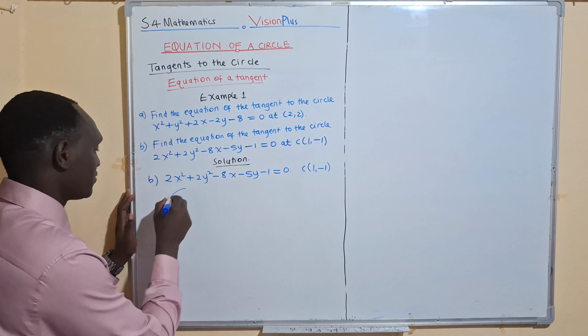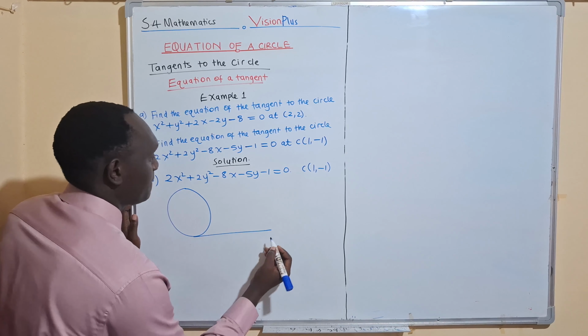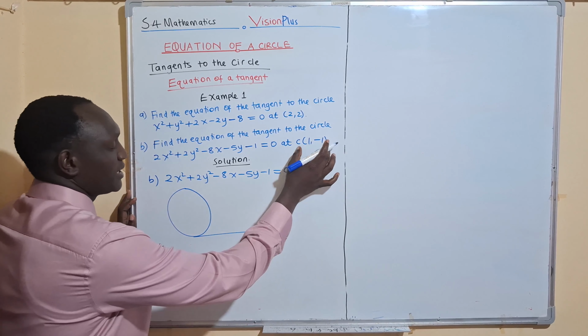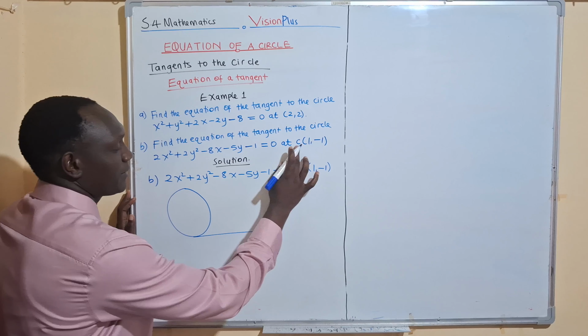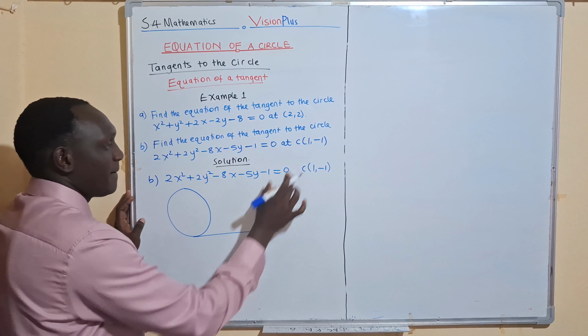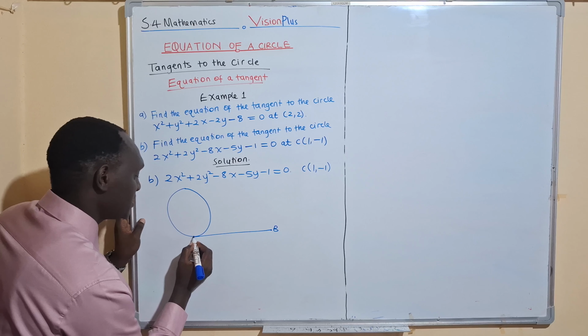So let me sketch the circle here to guide us. And then let me draw my tangent there, assuming the tangent is coming from point B. These coordinates given as point C here are not the coordinates from where the tangent is coming, but they are the coordinates of the point where the tangent is meeting the circle.